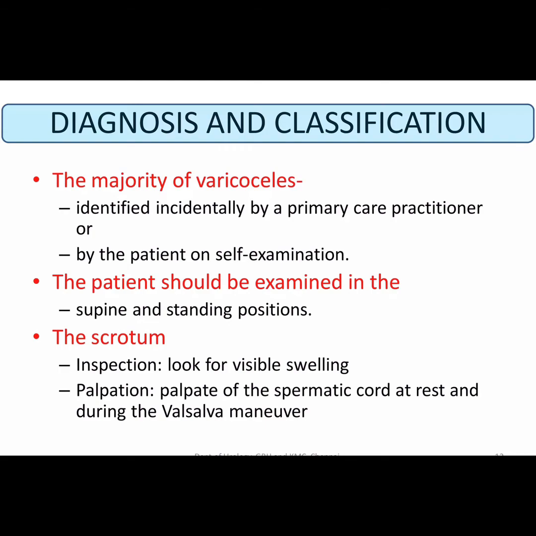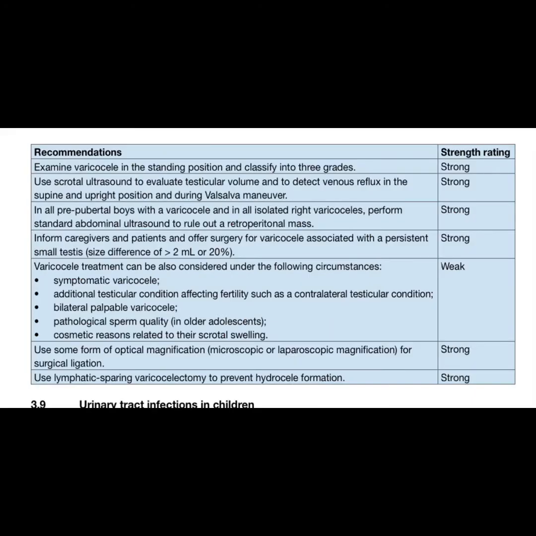If it is not reducible, it means that there is some pathology like a retroperitoneal mass or retroperitoneal fibrosis, which is called Ormond's disease. So in order to exclude the obstructive causes, it is better to perform the examination first on standing and then in the supine position. When it is not reducing, it means there is some retroperitoneal pathology. That's why it's not reducing.